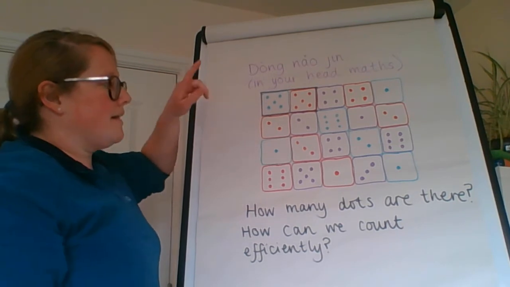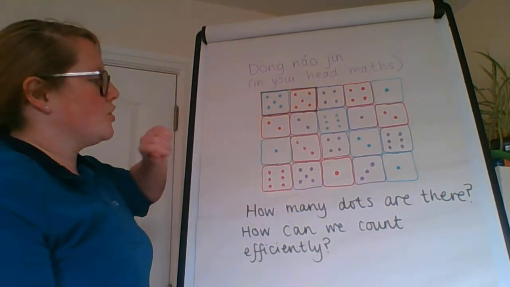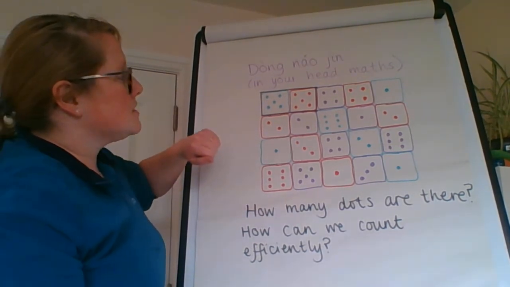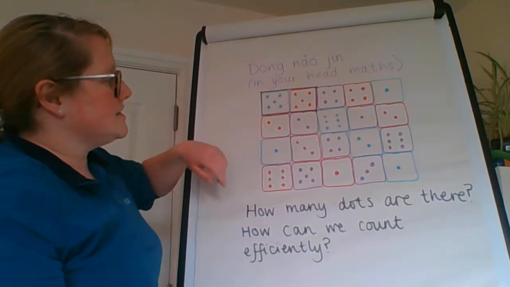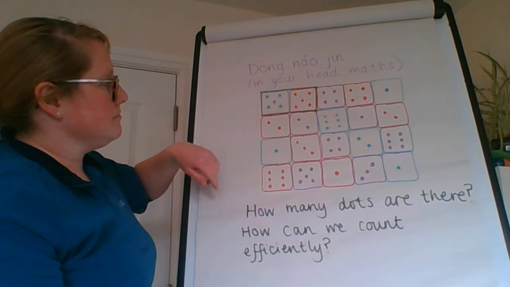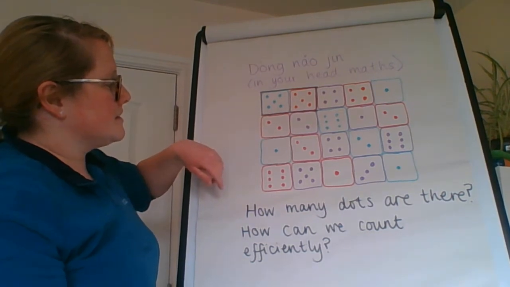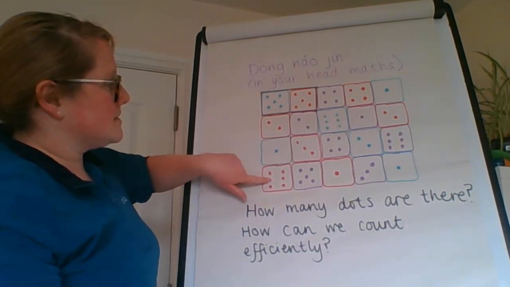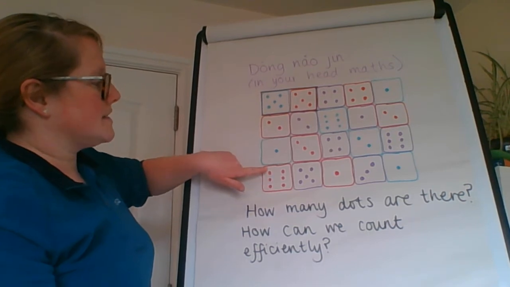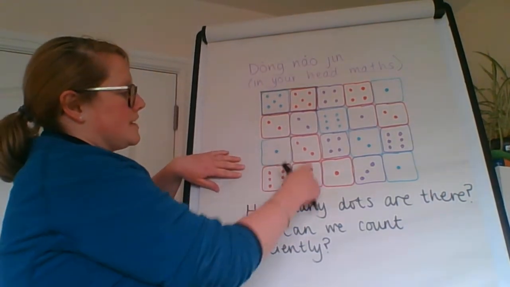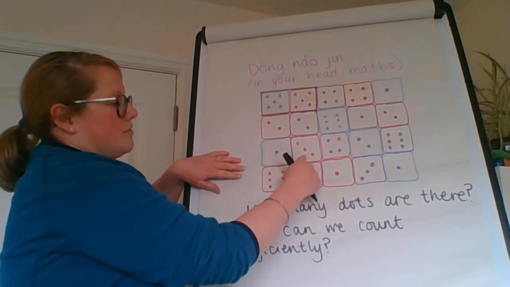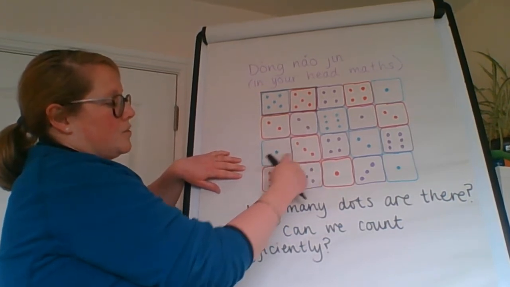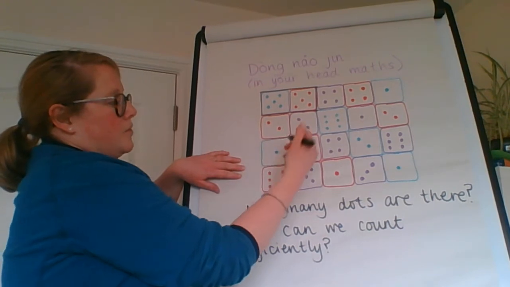Okay, now I'm going to have a look to see if I can spot another group of 10. So I'm going to look. I can see that 6 and 4 makes 10, and I can't see a 4 next to here, but I can see a 3 and a 1, and 1 add 3 makes 4, so those two make 4.